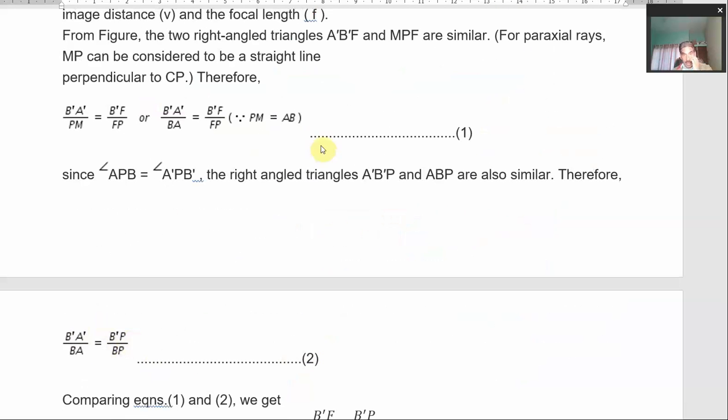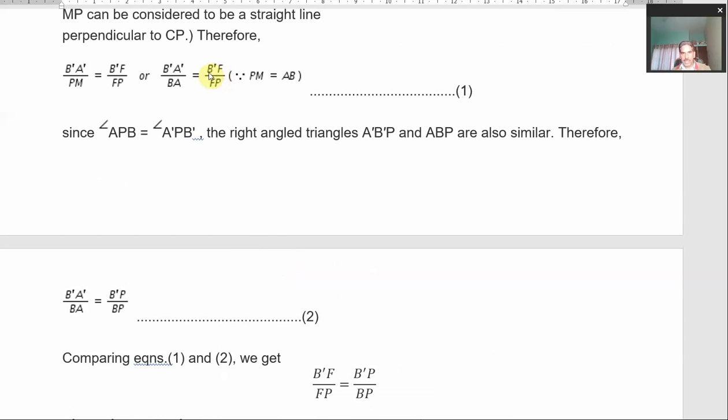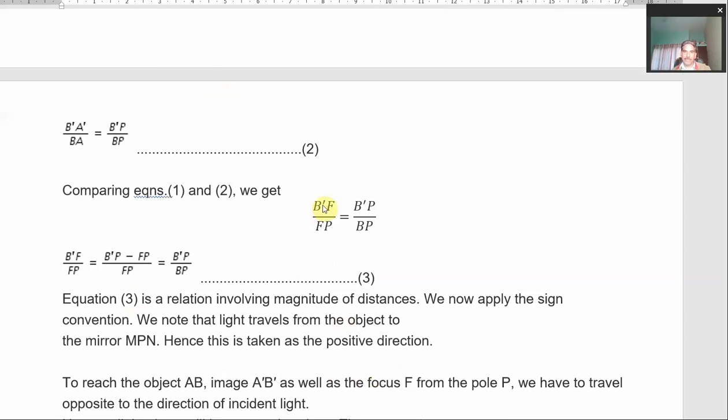If we compare these two equations, we see that the left hand sides have the same value, so their right hand sides will also be equal. On comparing equations 1 and 2, on the one side we have B'F upon FP, and on the other side we have B'P upon BP, right? Here B'F can be written as B'P minus FP.